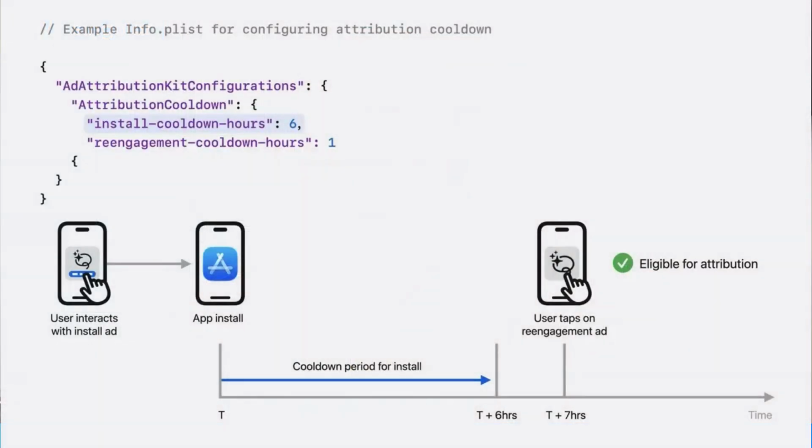Number 3, you've got the ability to configure attribution cooldowns. So right now, if you get some conversions that happen really, really quickly in SKAN or AAK, signals could get misattributed. Perhaps an install and a quick re-engagement. Maybe you've got a lot of campaigns going on. In 18.4, you'll be able to configure an attribution cooldown to block subsequent conversions. So you can set that for different conversion types, both installs and re-engagements.